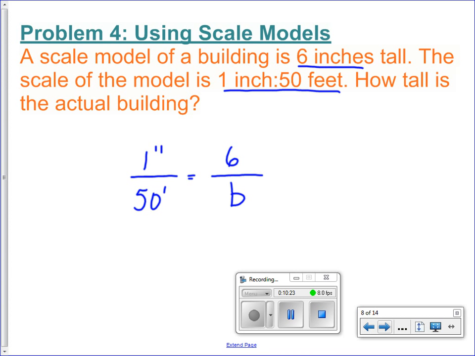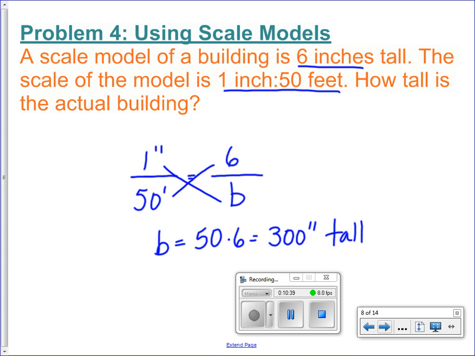Let's cross multiply. 1 inch times B is B, and on the other side we have 50 times 6, which is 300 feet tall. All right, so the actual building is 300 feet tall. And I'm sorry, that's inches. Let's change that. Actually, I prefer, let's just write it out. 300 feet tall.